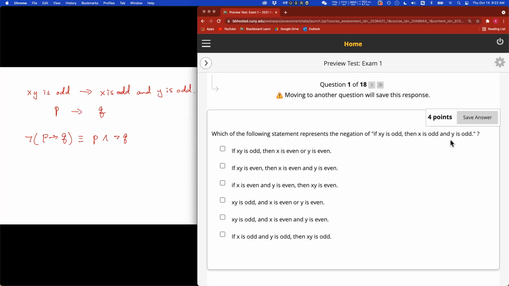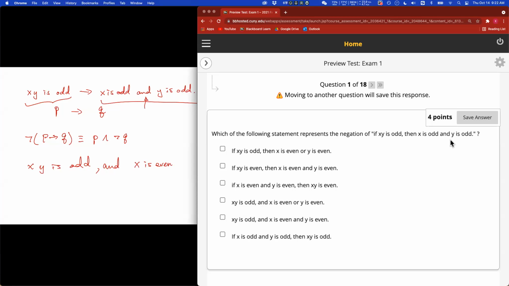So if you write the P and not Q statement, P represents xy is odd. Now you have an AND, then you have not Q. So you need to negate the Q. To negate the Q, you need to have x is even.